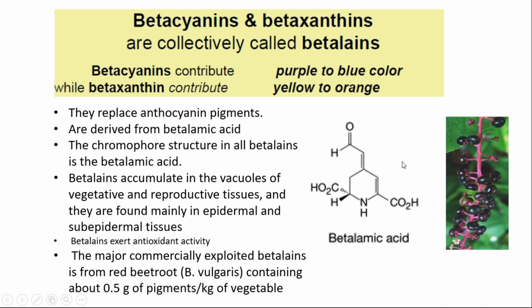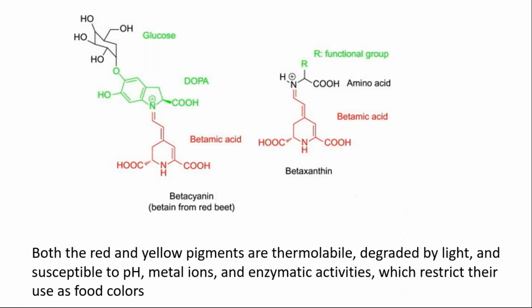The backbone of this is betalamic acid, not that of a flavonoid as you see in anthocyanins, and these accumulate in the vacuoles of the vegetative and reproductive tissues. They also have very high antioxidant activity, and the betalains from red beetroot contain about 0.5 grams of the pigment, and this is exploited for the reddish purple color to be added to foods.